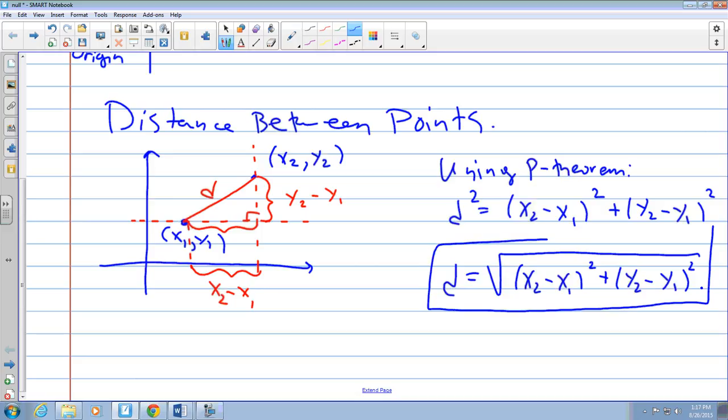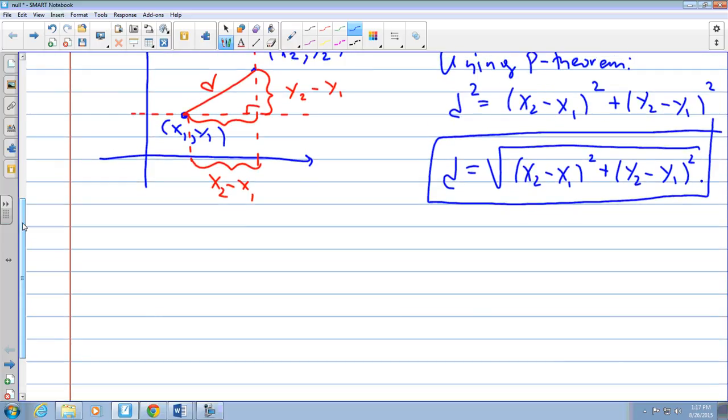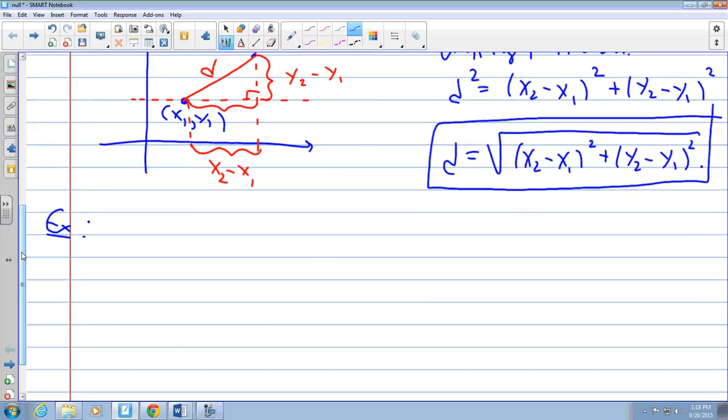So this is the distance formula. If I give you any two random points in the plane, using that formula, we can find the distance in between, right? That's the idea.